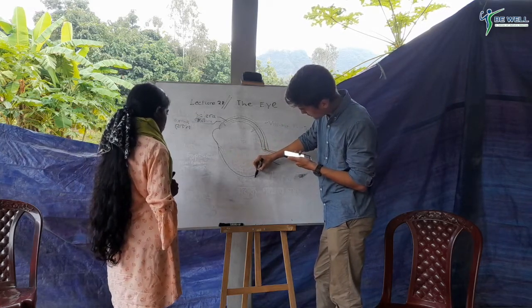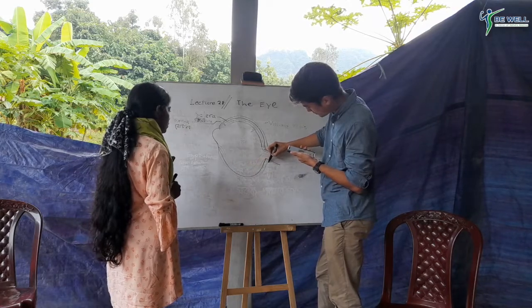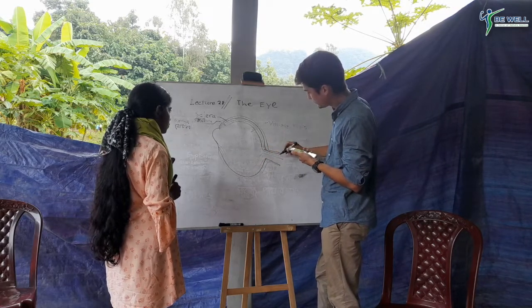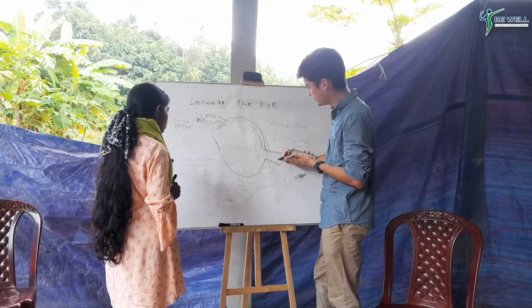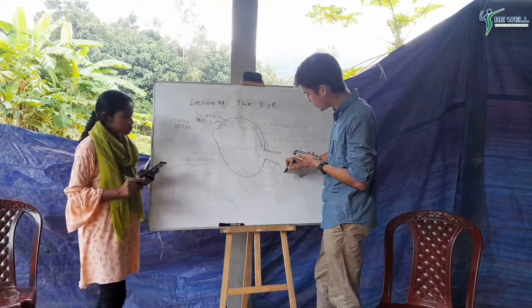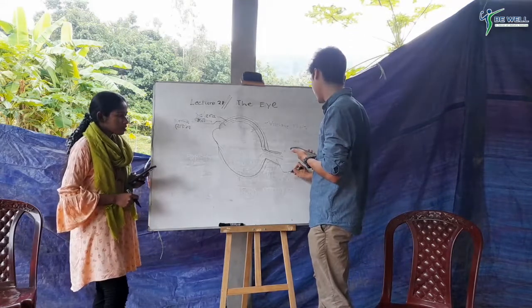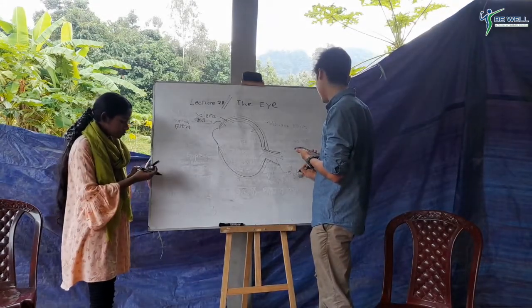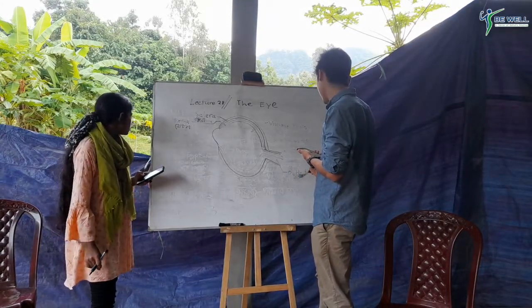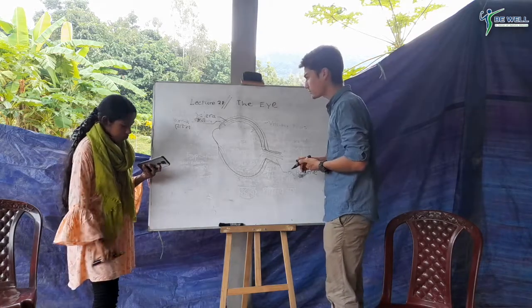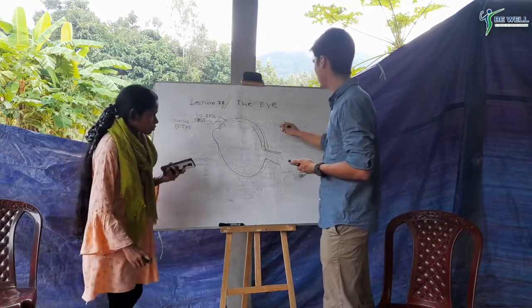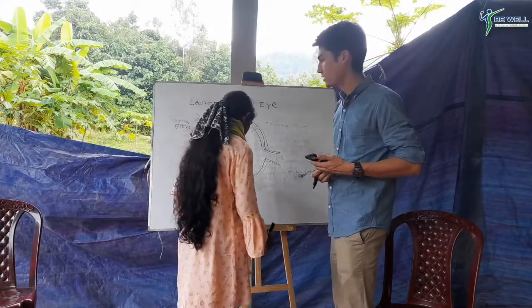You can see these layers, right? Okay. So back here, this section is called the optic nerve. So vitreous fluid, optic nerve.